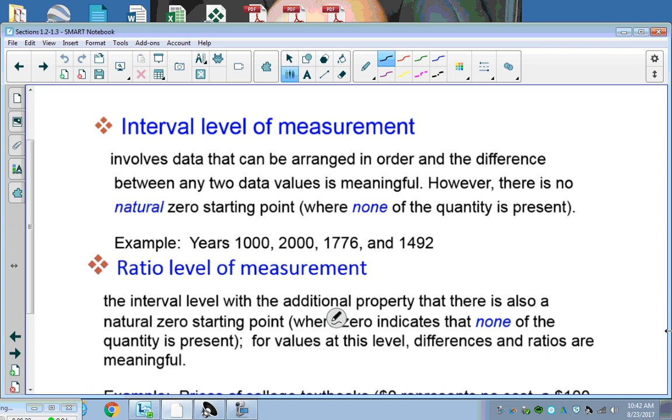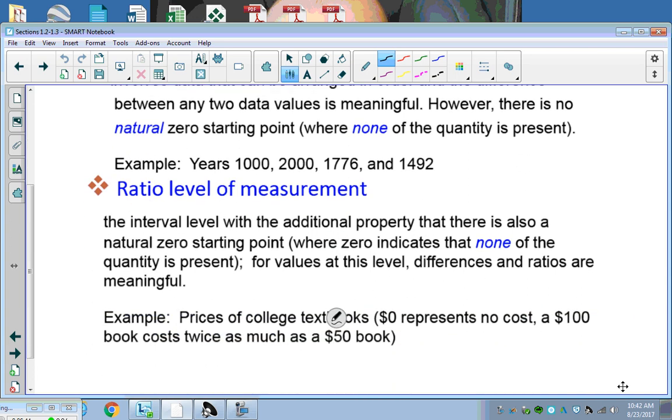The thing that's different between that and ratio measurement is that 0 is meaningful. I would have 0 students in my class. Okay, something like that where 0 has a meaning. It's not present.